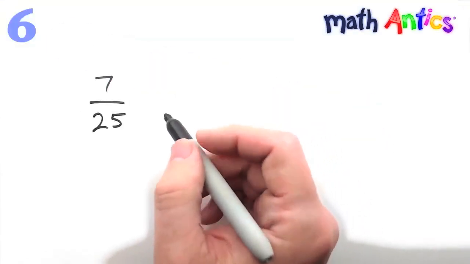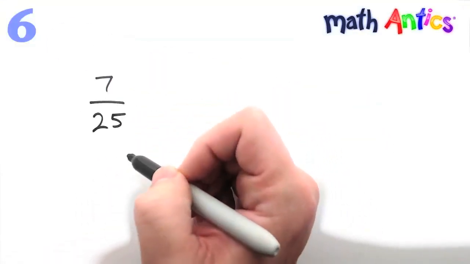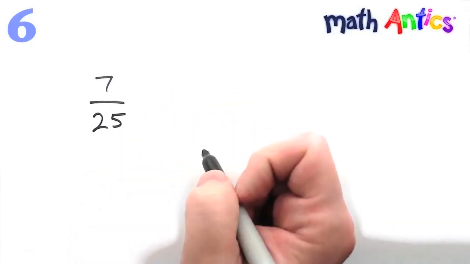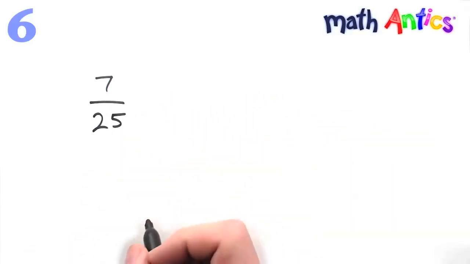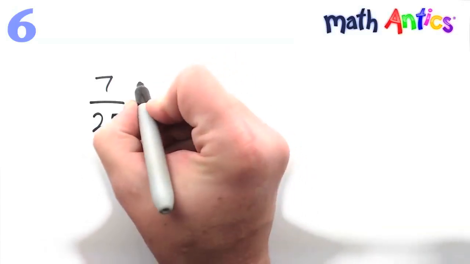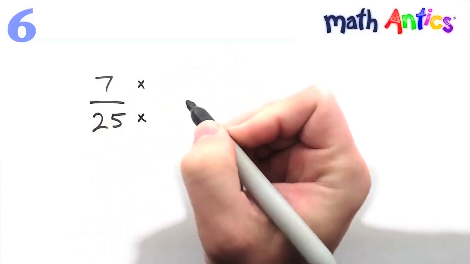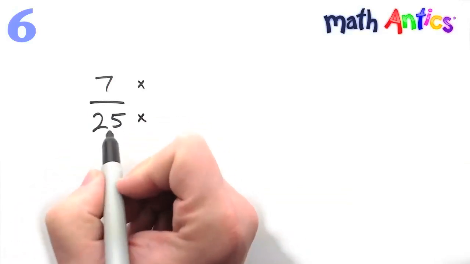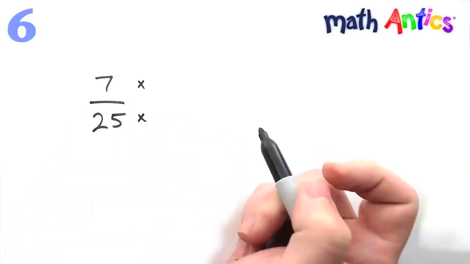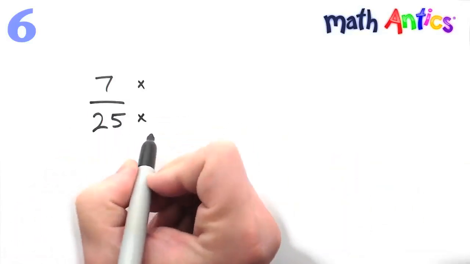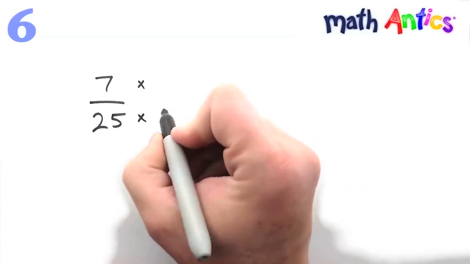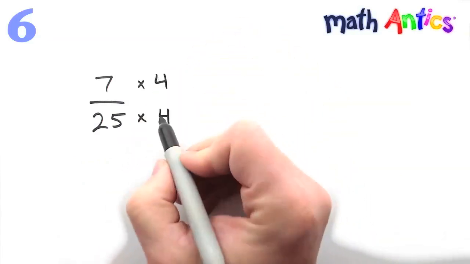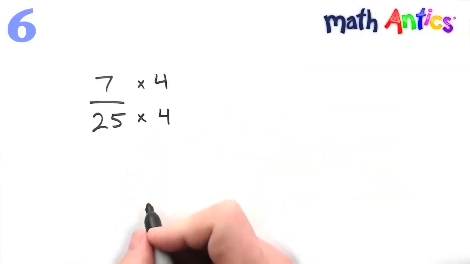For this problem, we have the fraction 7 over 25, and we need to convert it into an equivalent fraction that has 100 as the bottom number, and then write that in its percent form. All right, so let's start by putting in our multiplication signs, and we need to figure out what number we can multiply the bottom number by to get 100. And 25 times 4 would equal 100, so let's put that in there. And then remember, we need to multiply the top number by the exact same number, otherwise it won't be an equivalent fraction.